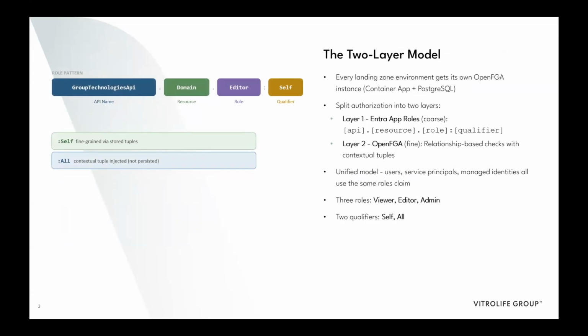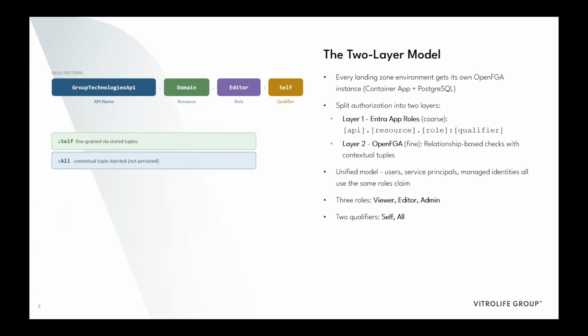In our case, we started with the question in Entra: how should we define the coarse-grained layer? We looked at how Microsoft handles this for their largest APIs. We didn't really like it because Microsoft splits up how users are handled and how service accounts or service principals are handled.